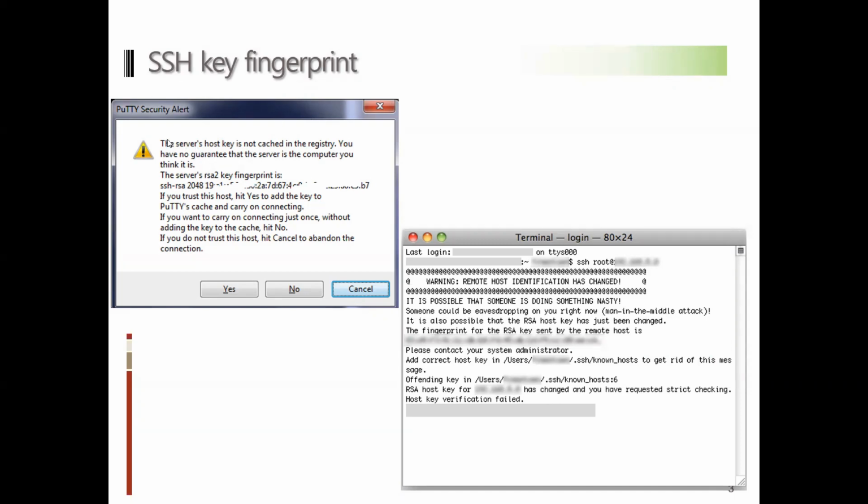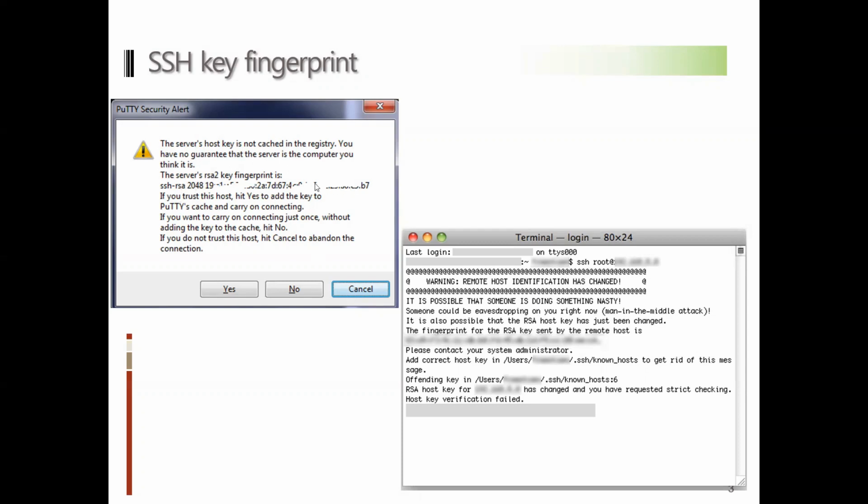When you use the SSH program, you might have seen this kind of alert.